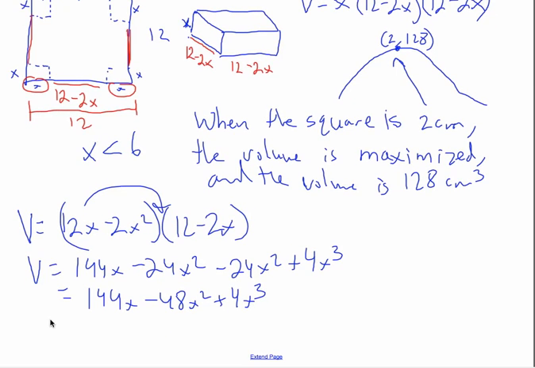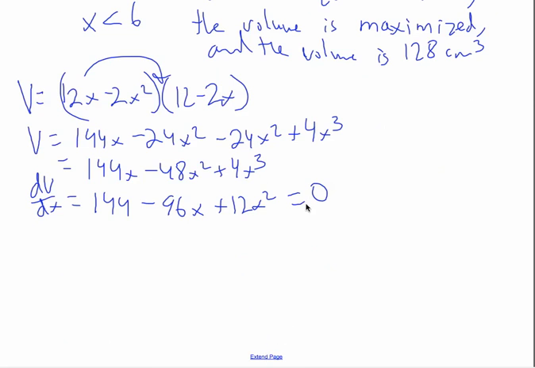To find the derivative, dV/dx is going to be 144 minus 96x plus 12x squared. So you can set that equal to 0 to find the stationary point. You use polysmlt.